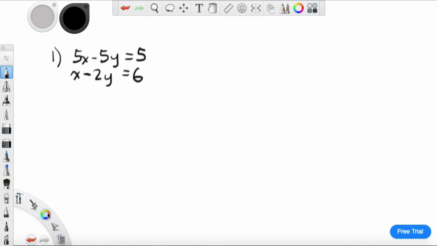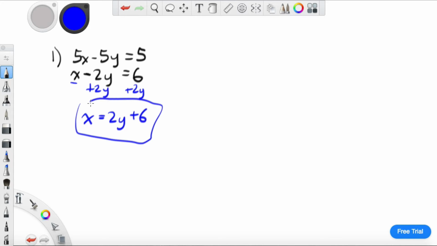So what I'm going to do is take number 1, because that has x all by itself, and I'm going to add 2y to both sides of this, and I'm going to get that x is equal to 2y plus 6. So I know from this equation that I can substitute 2y plus 6 into this equation where I see x.